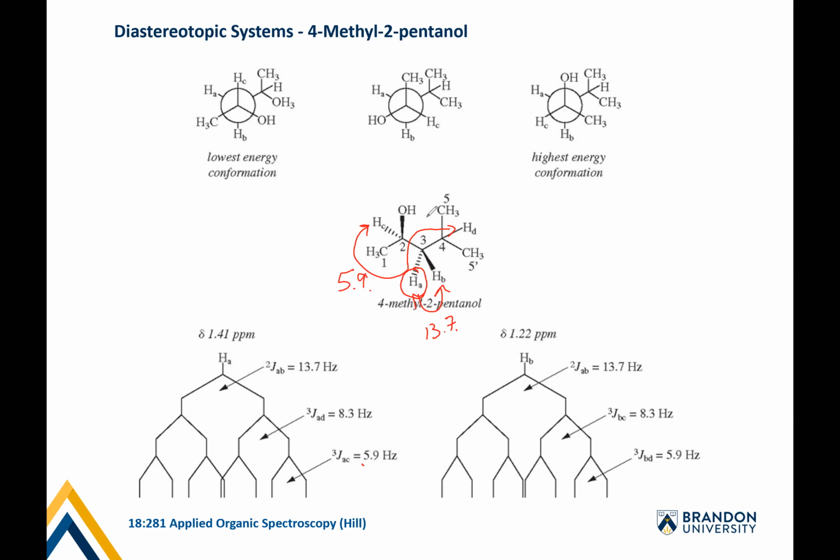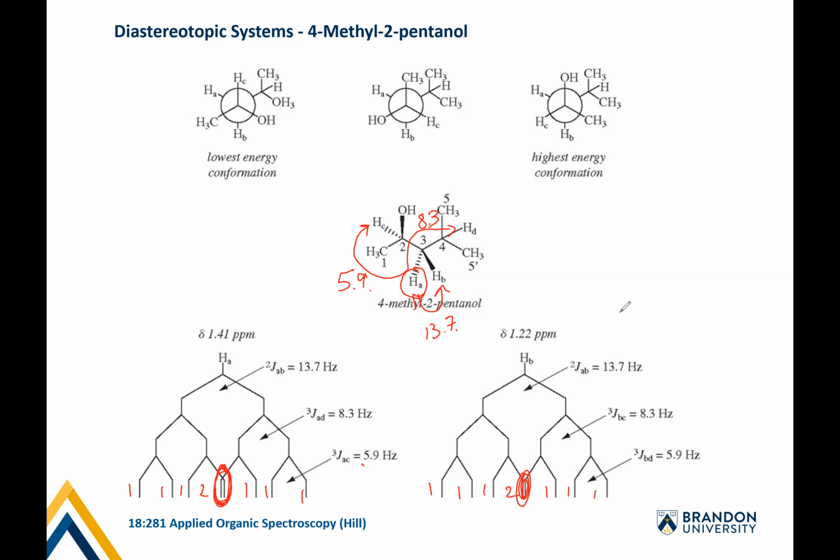And this one would be the 8.3. And so it's basically what we call those splitting trees. And coincidentally, the way it worked out, 1 to 1 to 1, and then this peak here was where they sort of came in together, which would make that 2, 1, 1, 1. And it was similar over here as well. Larger peak in the middle, so 1 to 1 to 1 to 2 to 1 to 1 to 1.